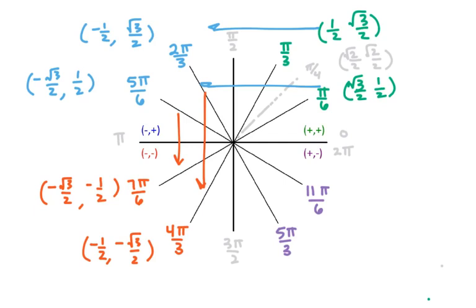So the points are the same. It's just that the y value became negated. And then lastly, we have 1/2, negative root 3 over 2. The x becomes positive as I shift them over to quadrant 4. And root 3 over 2, 1/2.